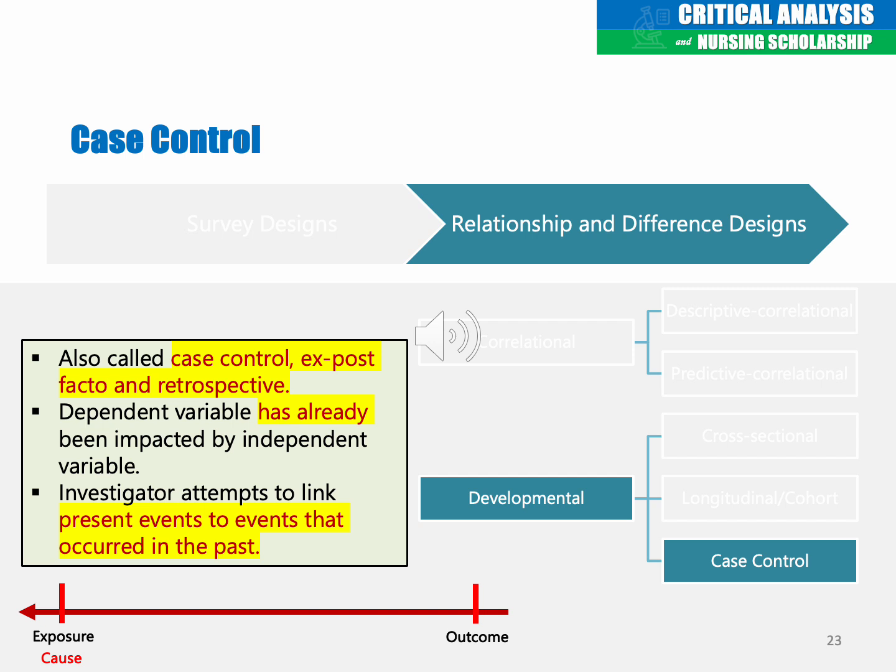In other words, in this type of research design, the dependent variable or the outcome has already occurred. The researcher attempts to link the outcome or the present event to events that occurred in the past, or the cause. So basically, it is called retrospective research because you look back in time to identify the potential cause of the current outcome.